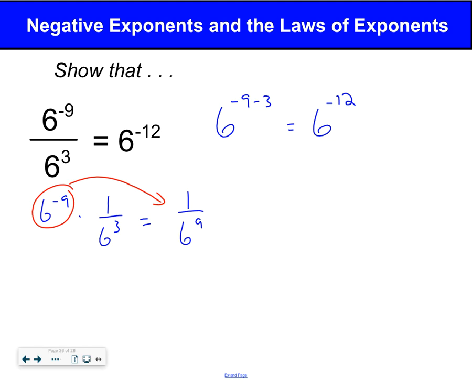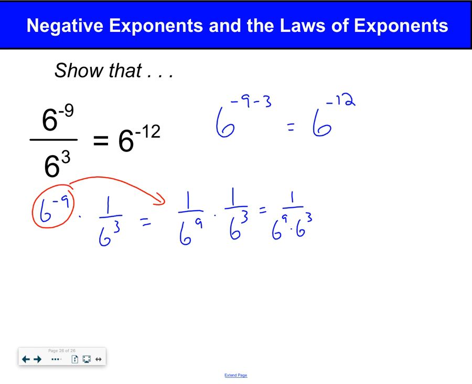So 1 over 6 to the ninth times 1 over 6 to the third is where I find myself. Now, I realize that the properties of fractions allow me to multiply numerators and denominators, so I'm going to end up with 1 over 6 to the ninth times 6 to the third.